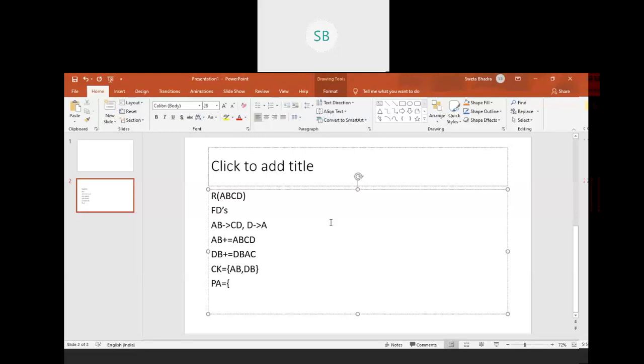Did you understand till this part? Leave about the prime. Did you understand till this part? Any confusion? How did you find this AB plus DB plus or something closure? Yes. Ankita, any confusion?